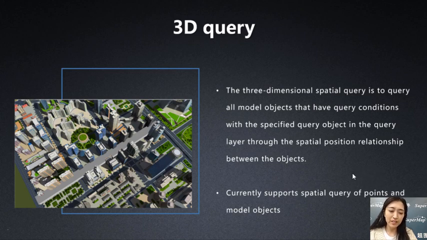And currently it supports the spatial query of the point and the model objects. So if you have a points dataset and a model dataset, you could use this 3D spatial query to analyze your data.